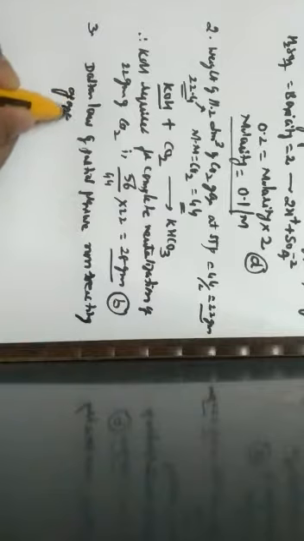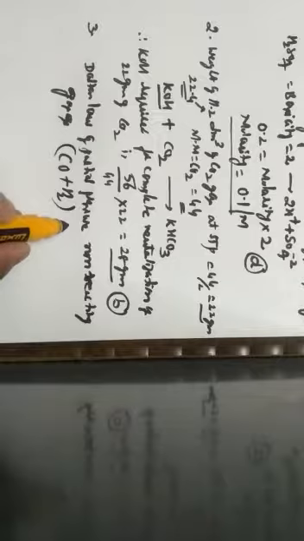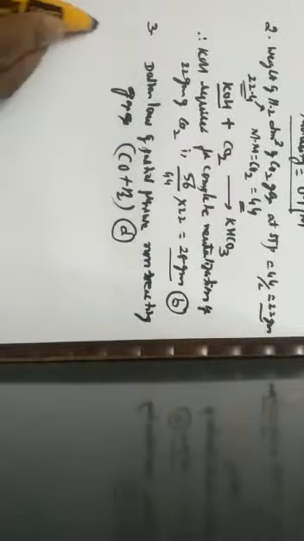When we go through the options, the non-reacting gas mixture is what? CO plus H2, which is given by option D.